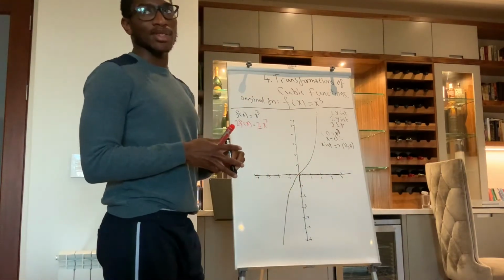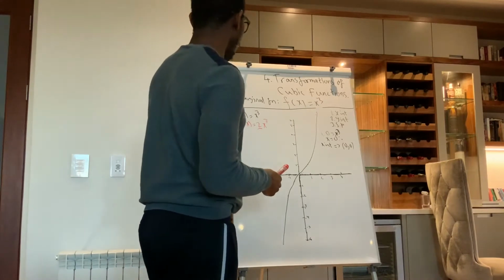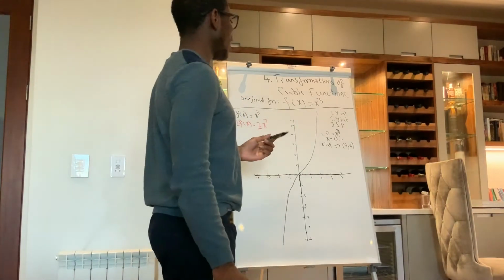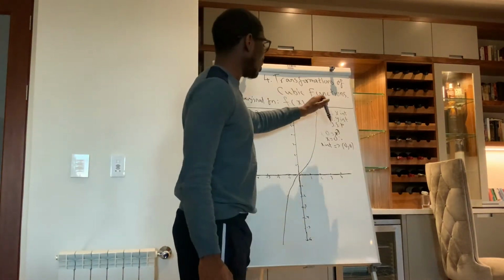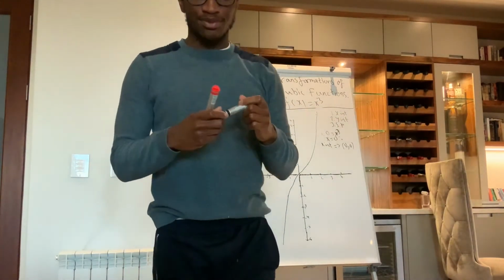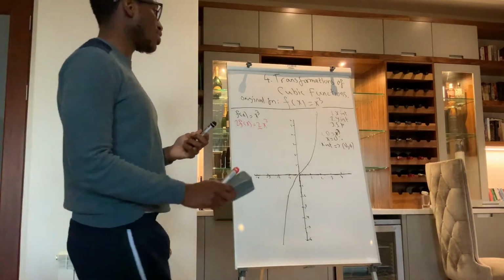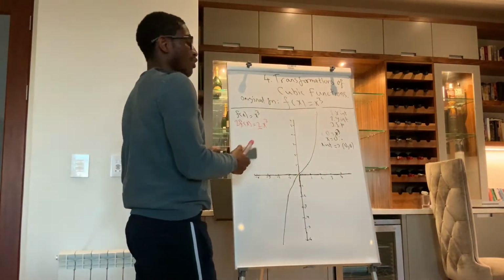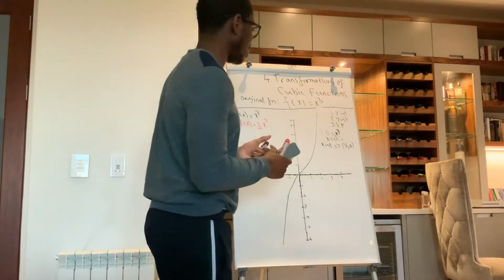Now, when we think of the y-intercept, we know that the y-intercept happens when we set x to 0. We've seen that when we set x to 0, we come out with y equal to 0. So the x-intercept is the y-intercept, which is the origin. A little tip: whenever you find an x-intercept or a y-intercept at the origin, that will also be the other intercept. So if you're looking for the x-intercept and you find it on the origin, then you know that it is also the y-intercept.